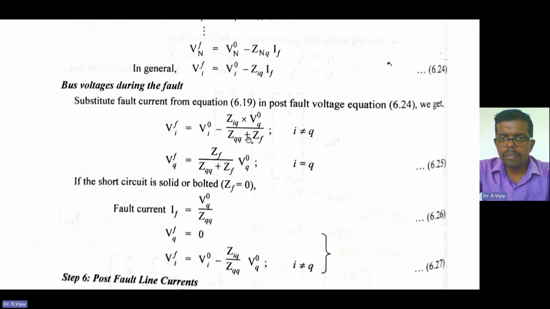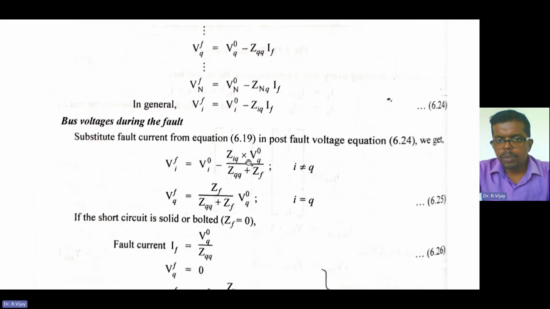Okay, this is VQF. So ZIQ is nothing but ZF. So this is the change; we can tell IF into VQ naught, so that only IF into ZIQ.